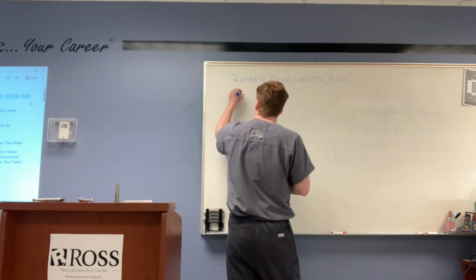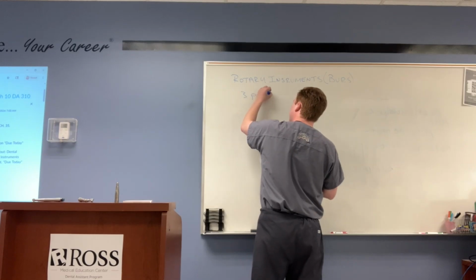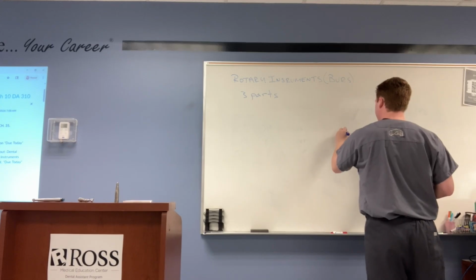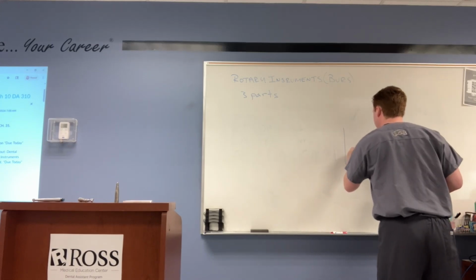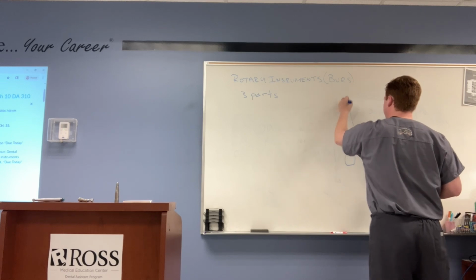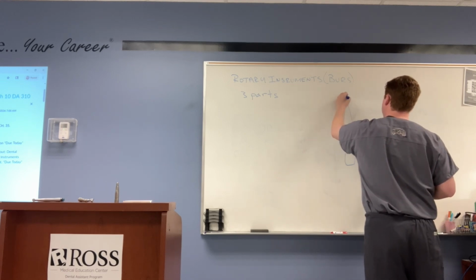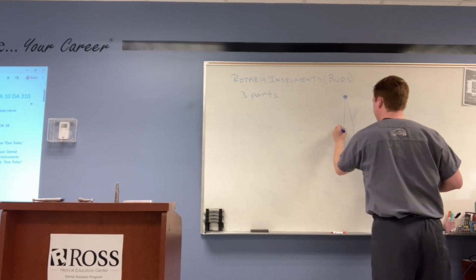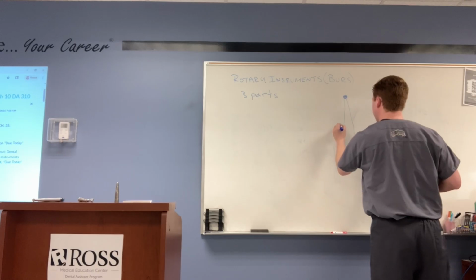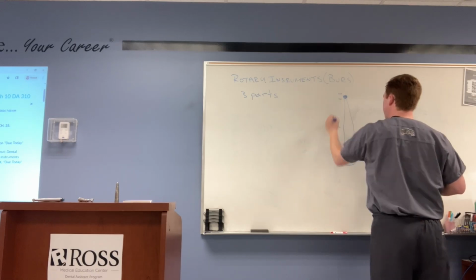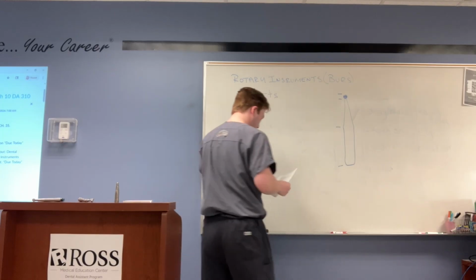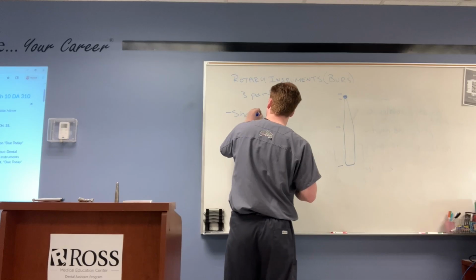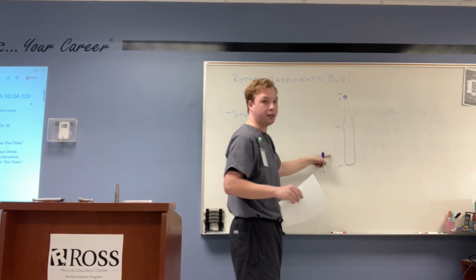So the three parts. The first part we have is the shank. This part right here of our bur.